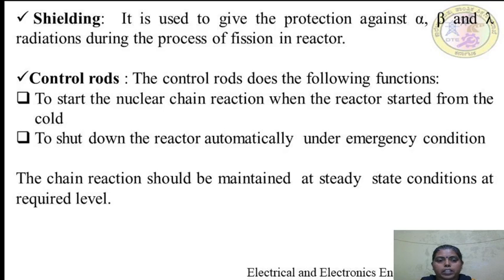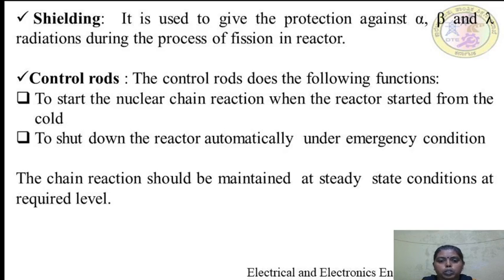The next component is the control rods. The control rods do the following functions: to start the nuclear chain reaction when the reactor is started from cold, and to shut down the reactor automatically under emergency condition. So these are the two functions done by the control rods.